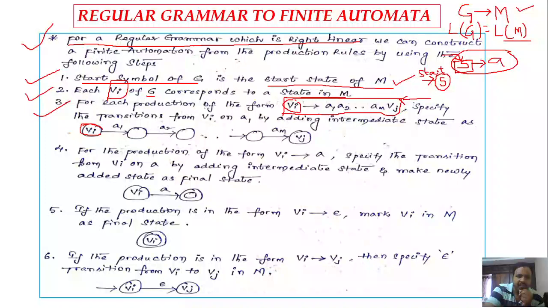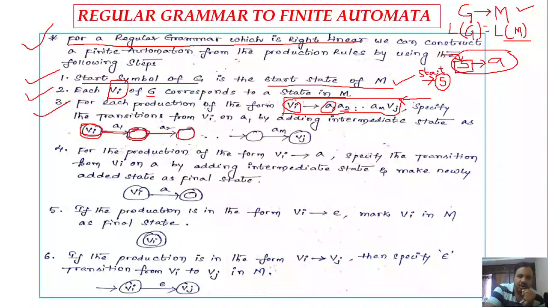So here we considered Vi as one state, right? Vi denotes a1, first thing. This is the terminal, so that will be the transition from Vi towards one intermediate state. See here, we have a transition from Vi on a1 towards another state, which we consider as an intermediate state. Again, we have a2 in the production rule, so from that intermediate state, specify the transition on a2 towards another intermediate state.